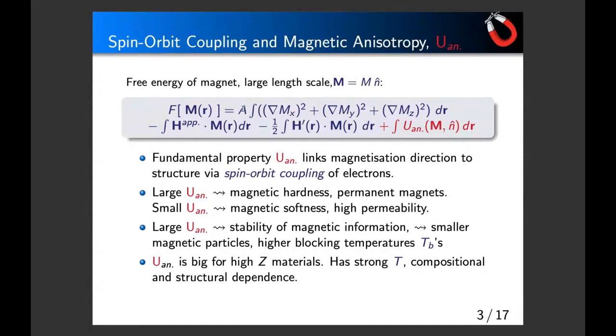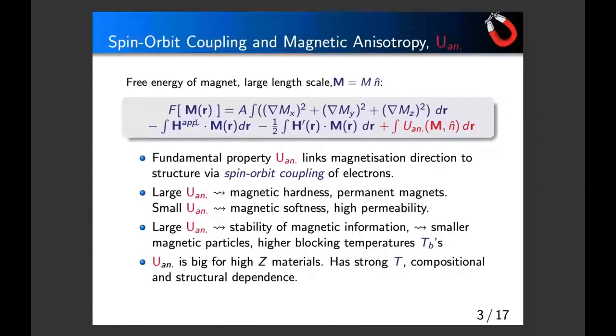And so one can write down this free energy in a relatively straightforward form with some parameters. The first term we have here with the A in front sets the scale for the energy cost when the magnetization deviates from being uniform. So A, from an intrinsic point of view, is set by the exchange interactions. It's set by the transition temperature, the Curie temperature of the material.